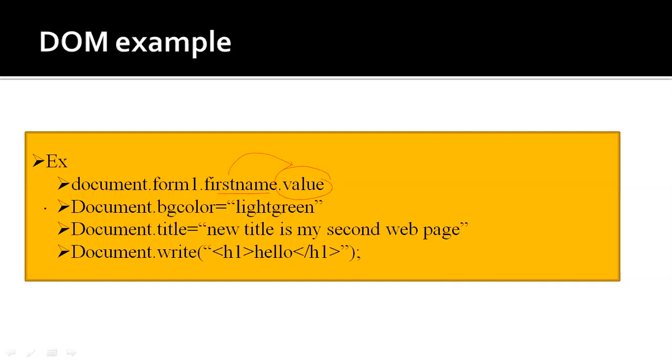Let's see the second example. Here it's written document.bgColor. It means we are changing the background color property of the document with the help of document.bgColor as light green.